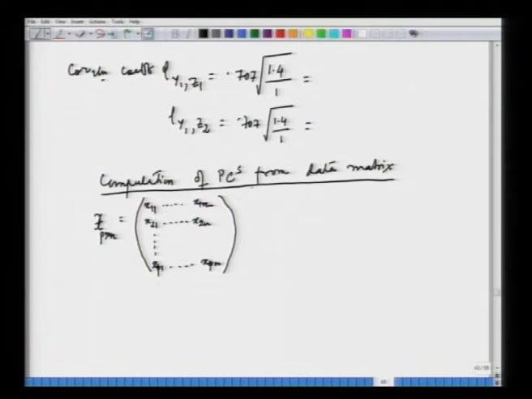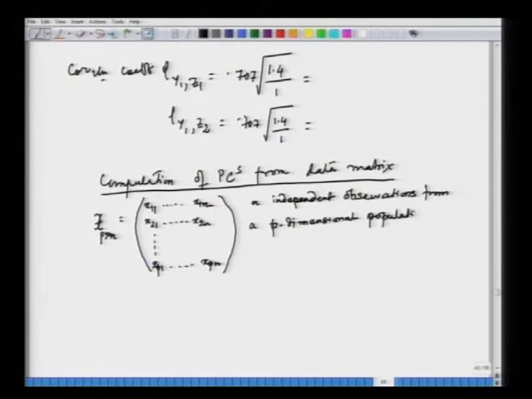So what we have is n independent observations that we have arranged in this way from a p dimensional population, that is how we have the first dimension of the data matrix, with mean vector mu and variance covariance matrix sigma.